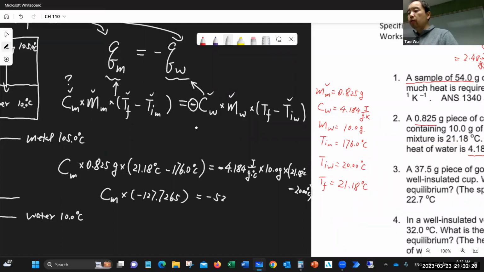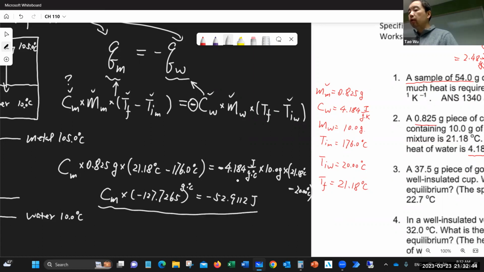Negative 52.9112. And this is in joule. When you solve this problem, I believe the unit here will be gram times Celsius. Okay, so now you have this unknown.